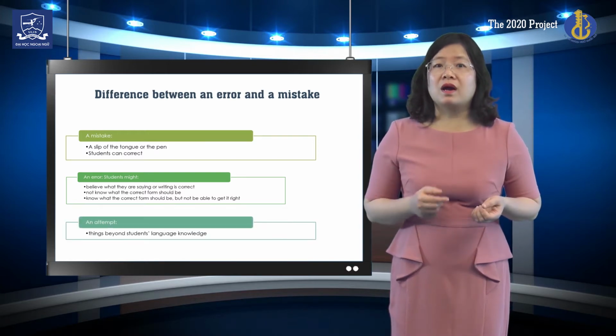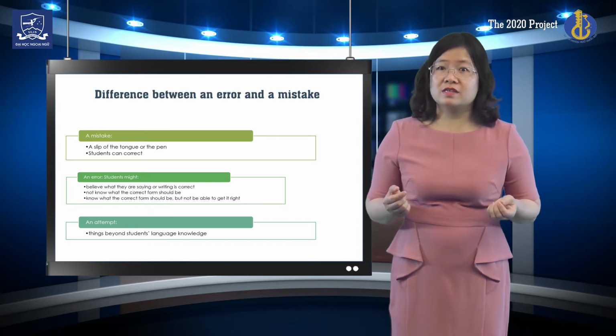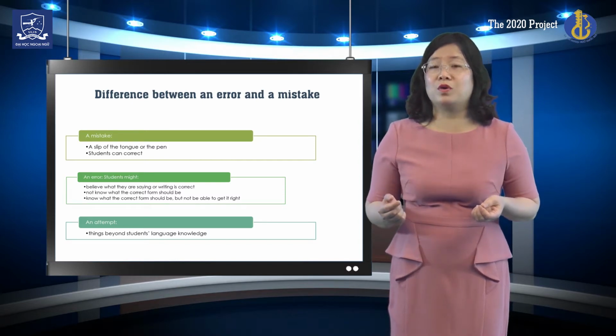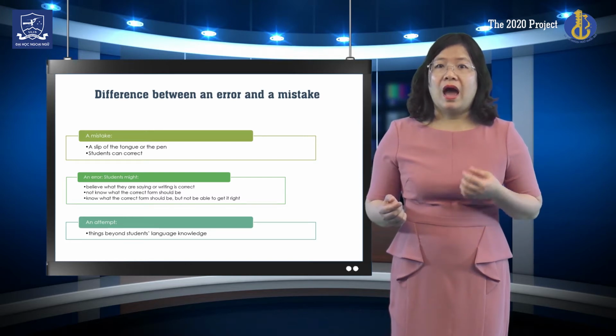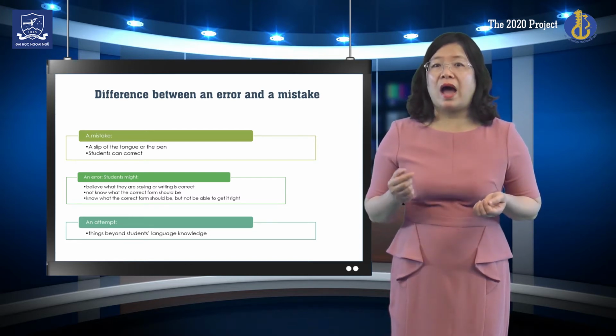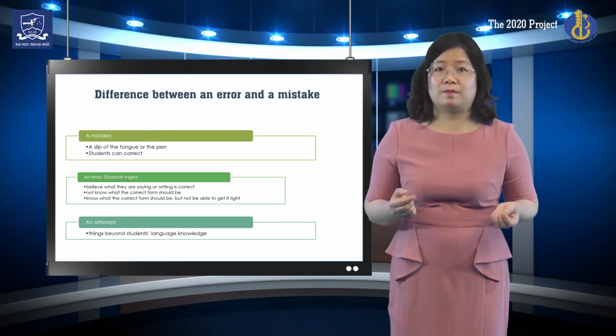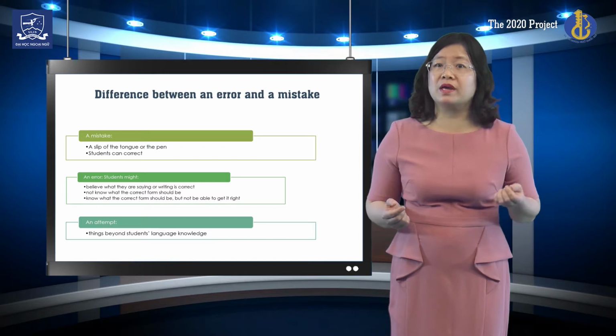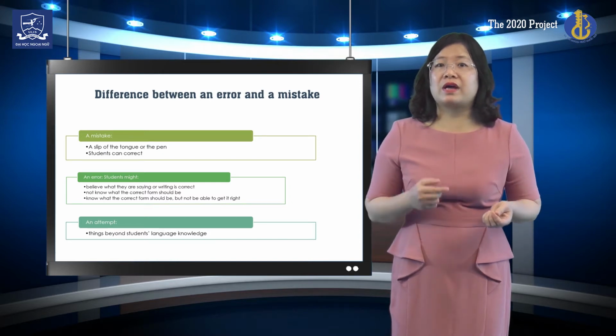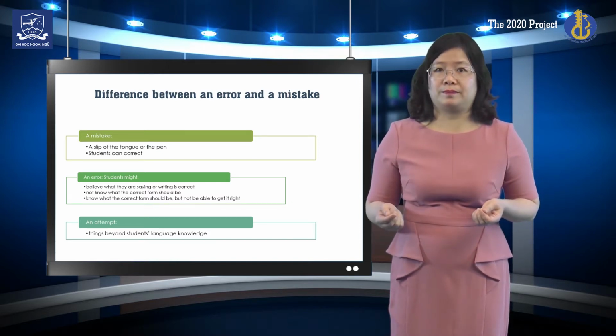Sometimes, students make attempts to say things which are beyond their language knowledge. And so, they have a go and make a bit of a mess of it. We need to be aware of what kind of mistake is being made so that we can correct it appropriately.